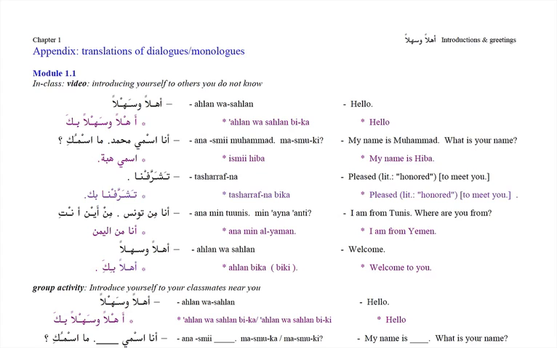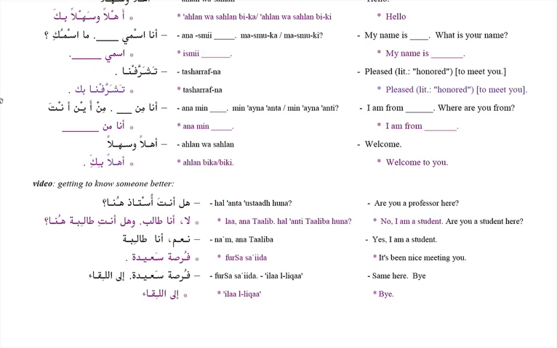Let's go down to the bottom of the page, getting to know someone better. هل أنت أستاذ هنا؟ لا أنا طالب. وهل أنت طالبة هنا؟ Are you a professor here? هل is the question marker for yes or no questions. Remember, in English we would switch it around.